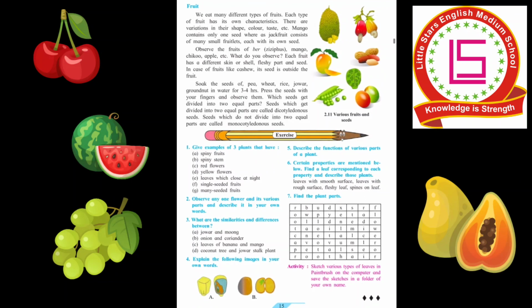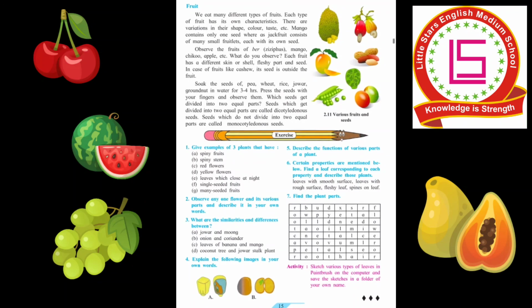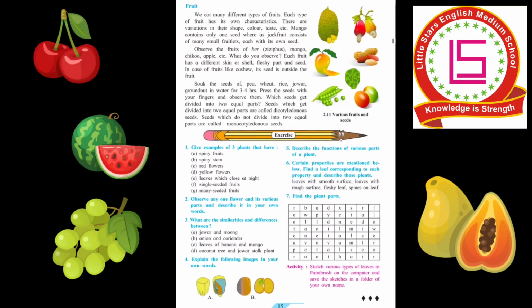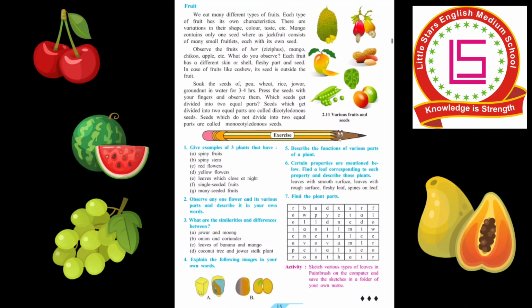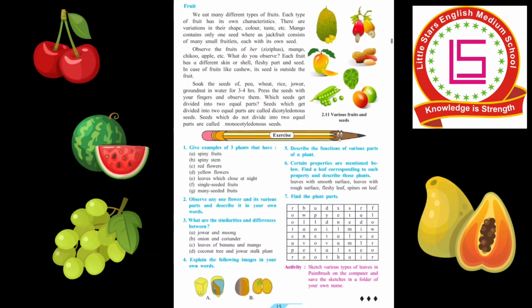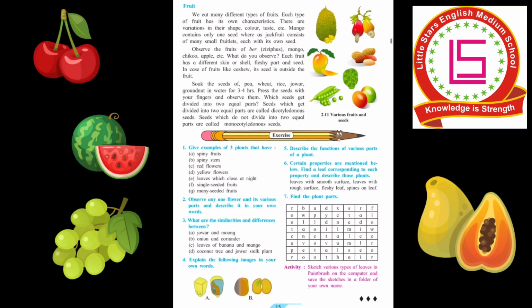Mango contains only one seed, whereas jackfruit consists of many small fruitlets, each with its own seed. Observe the fruits of pear, ziziphus, mango, chiku, apple, etc. What do you observe? You observe that each fruit has a different skin, fleshy part, and also the seed.